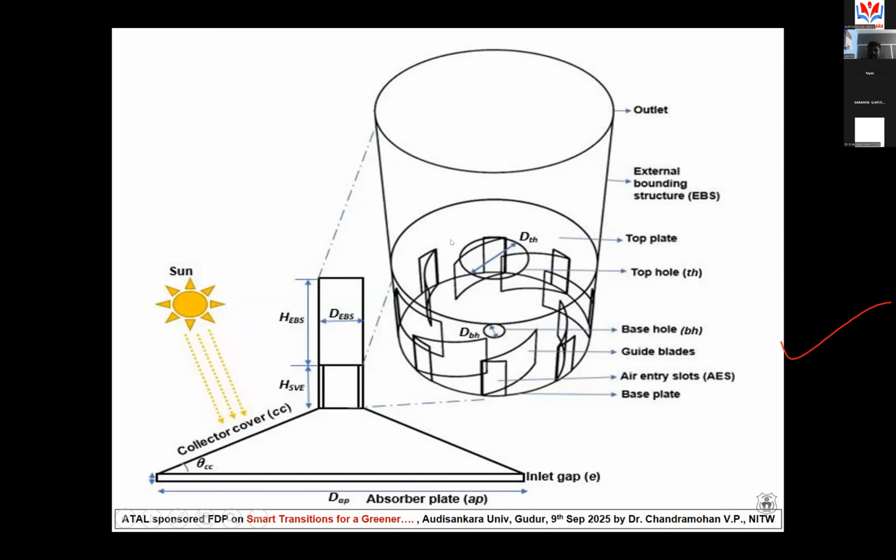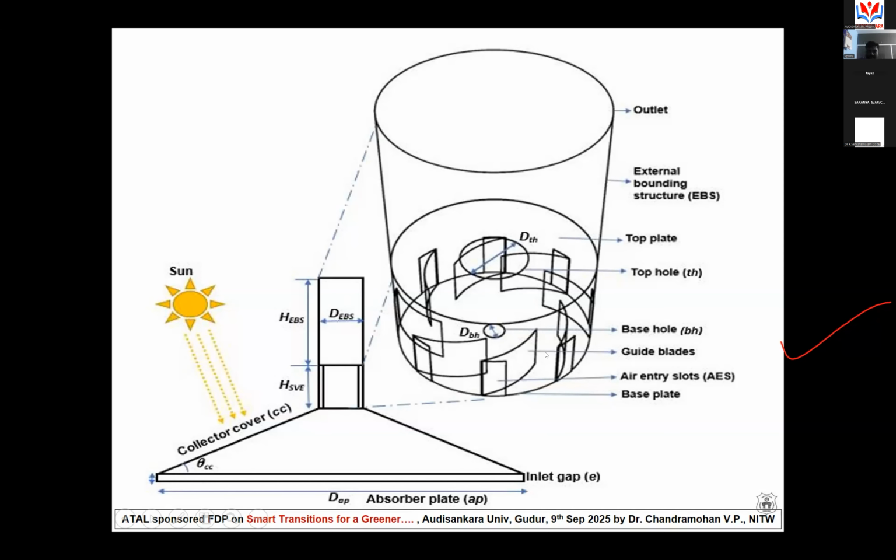A natural air tornado will be generated, and the air tornado will pass through the top hole, and then move through the external bounding structure, called EBS. If we keep the turbine in this place, the turbine can capture the maximum quantum of kinetic energy, and then the turbine can be run. So this is the concept we developed in the solar vortex engine.